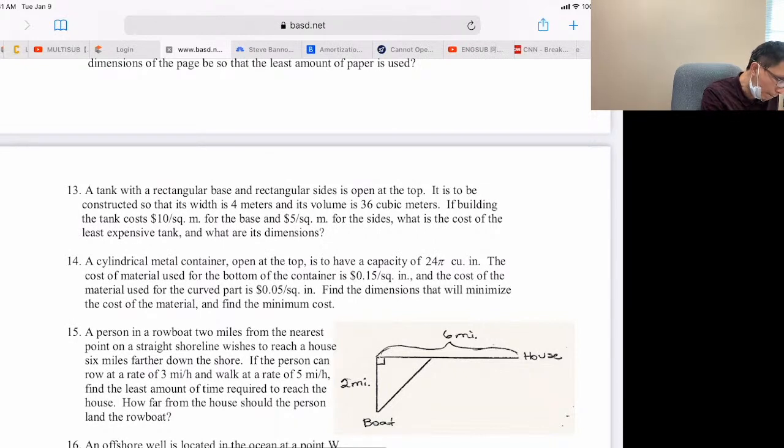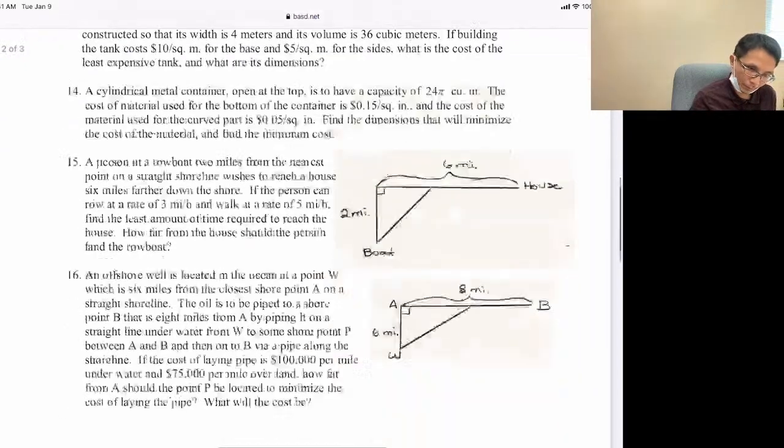Plugging in each individual part. Thank you. What's supposed to be the answer?